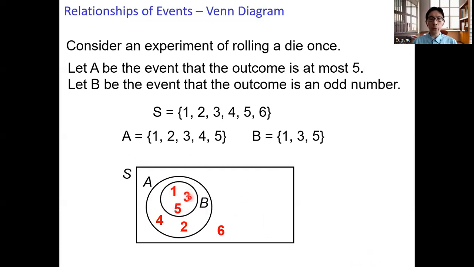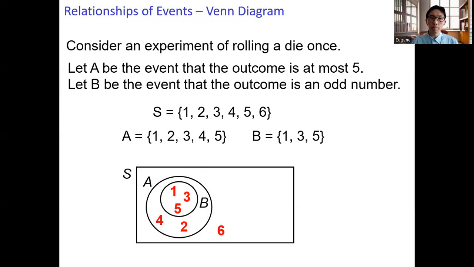Here the numbers 1, 3, and 5 are still in circle B. And when we consider event A, the circle A here consists of the numbers 2 and 4, but not to forget that the numbers 1, 3, and 5 are also in circle A. So circle A consists of the numbers 1, 2, 3, 4, and 5, and circle B consists of the numbers 1, 3, and 5. And the number 6 here is outside circle A and circle B. And this is the complete representation for this example.